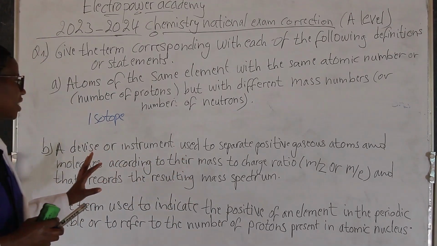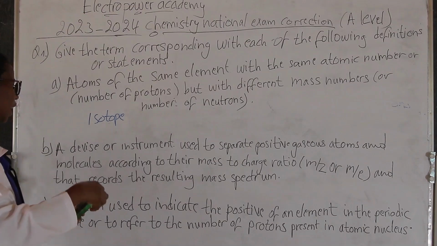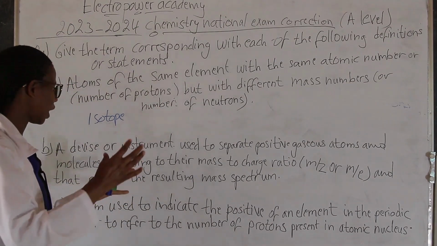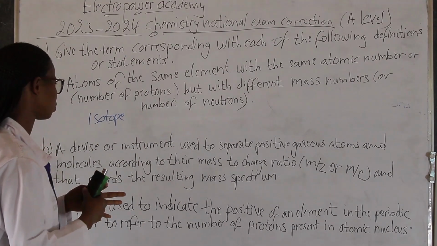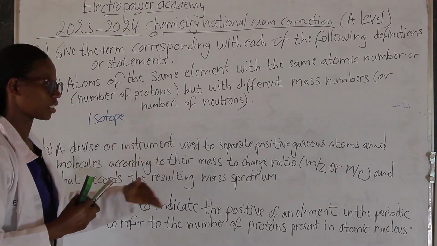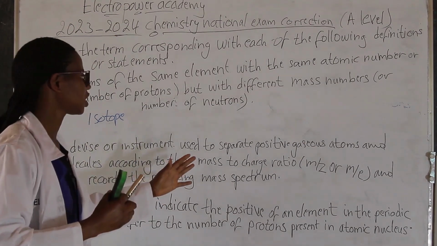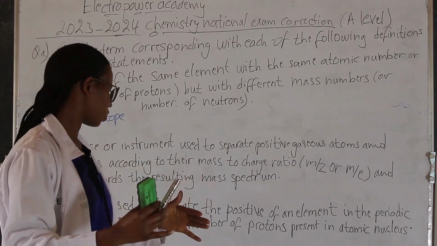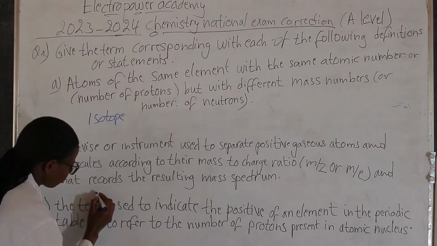As you know, a mass spectrometer helps us to differentiate either molecules or atoms according to their positive gaseous ions, because first the mass spectrometer changes the molecule to gaseous ions. That's why this is a mass spectrometer.